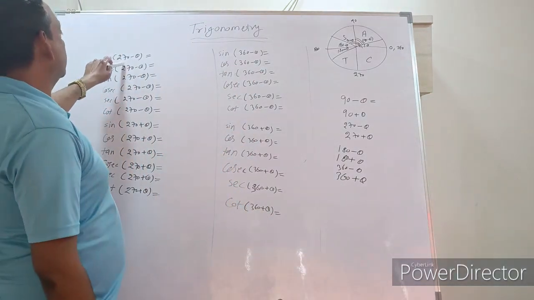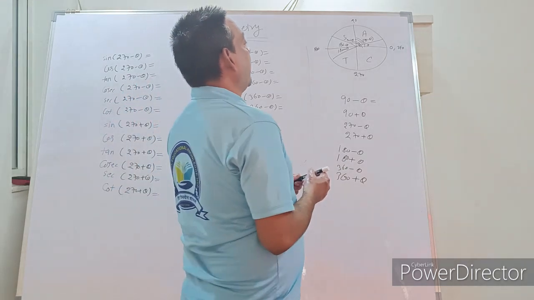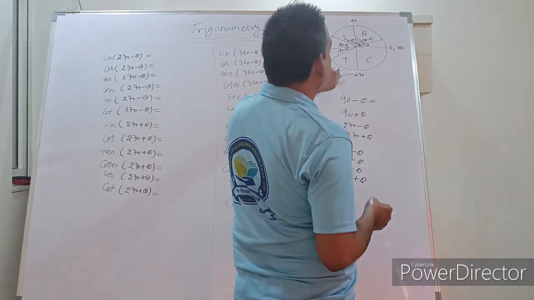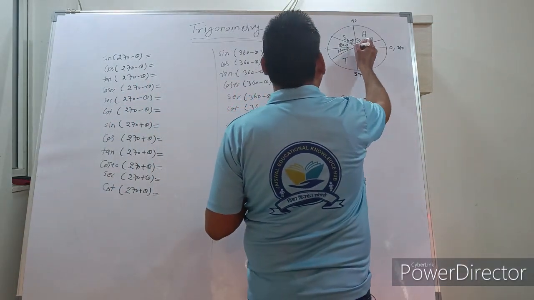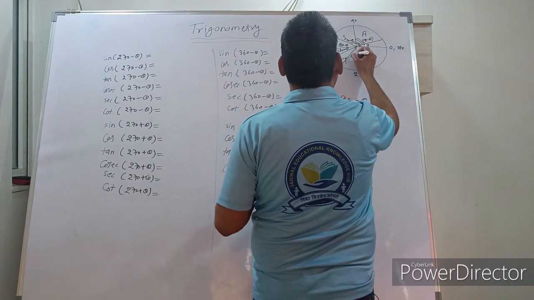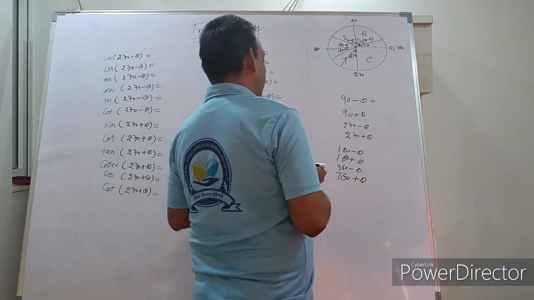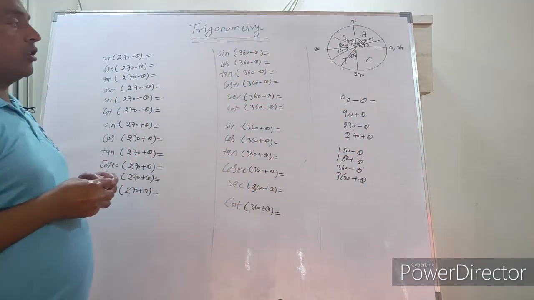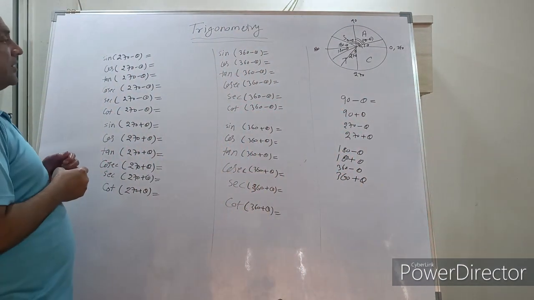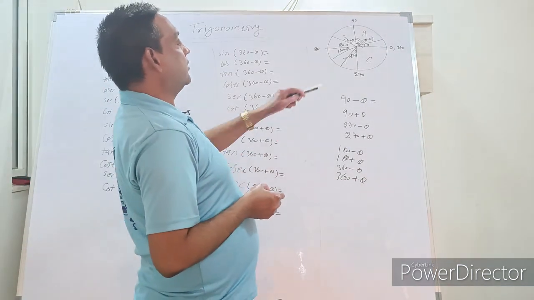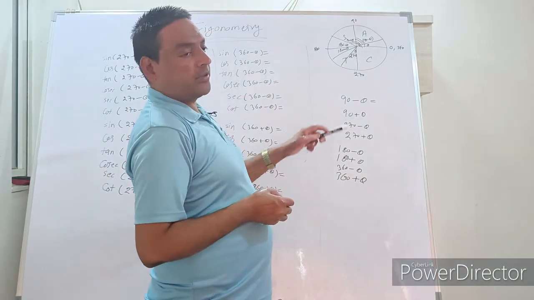So here, 270 minus: this will be 180, this is 270, so 270 minus theta lies in which quadrant? It lies in the third quadrant. 270 minus theta lies in the third quadrant, and 270 is an odd multiple of 90 degrees.